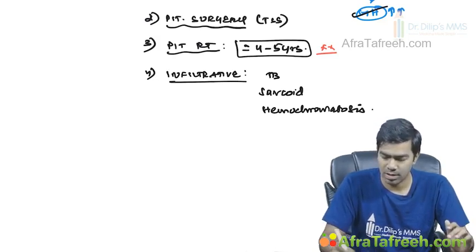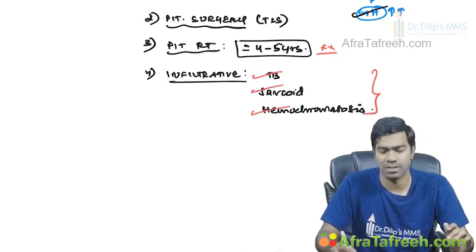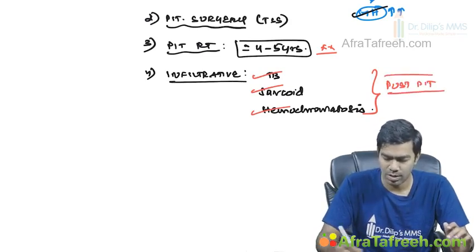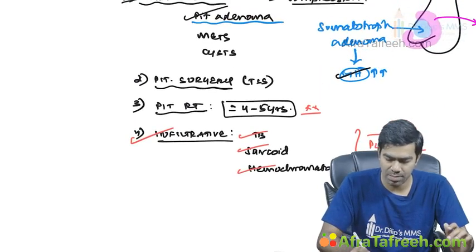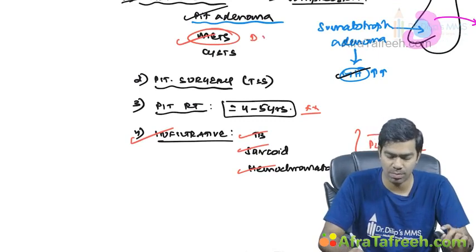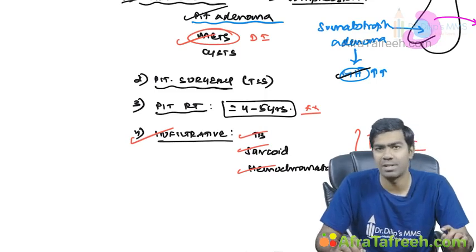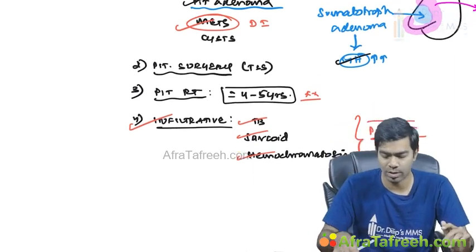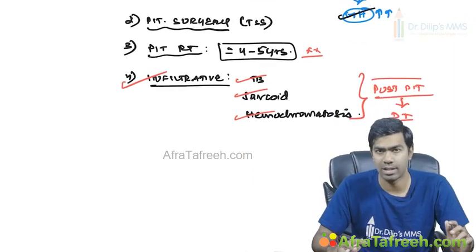Typically, TB, sarcoidosis and hemochromatosis will first affect the posterior pituitary. That's a very important point, because these infiltrative lesions and metastasis first affect the posterior pituitary, and the usual presentation will be diabetes insipidus, a cranial or central diabetes insipidus. That's how they are going to present, because of the loss of ADH secretion.